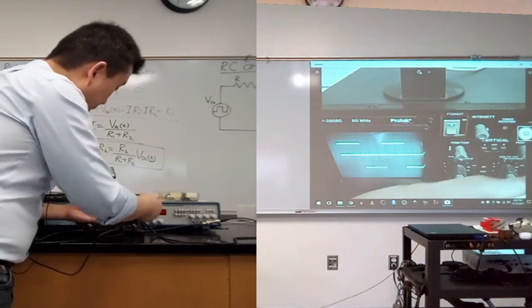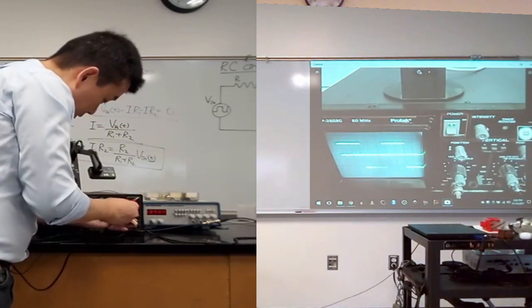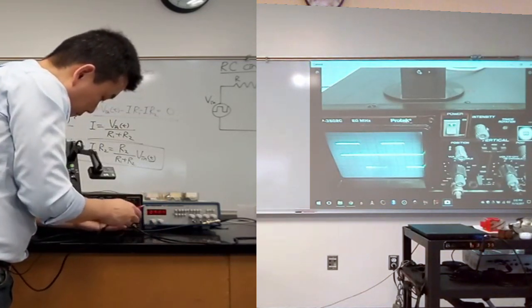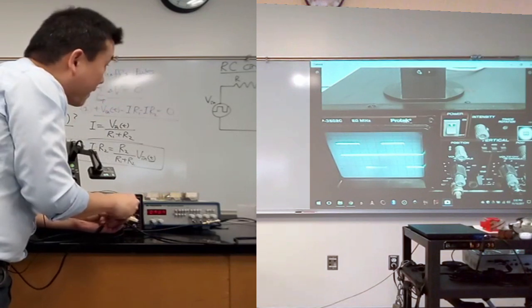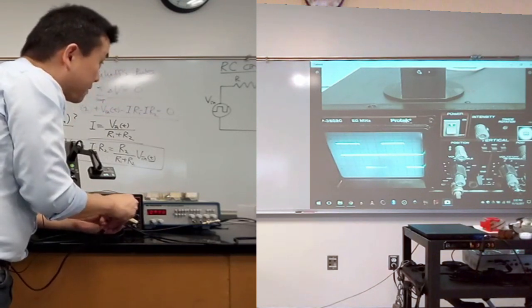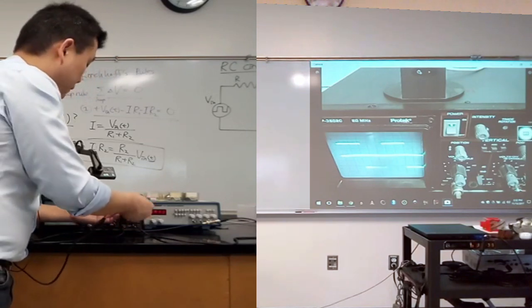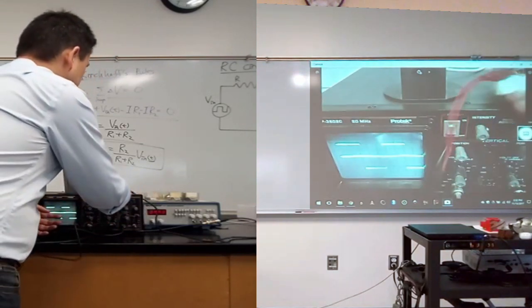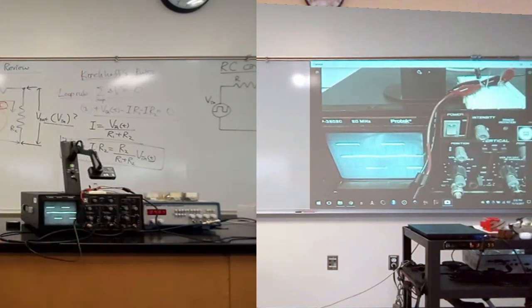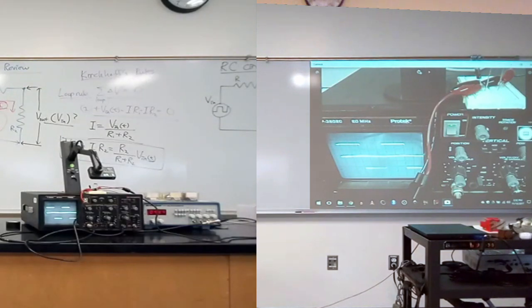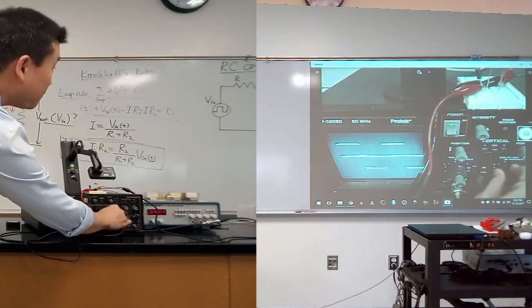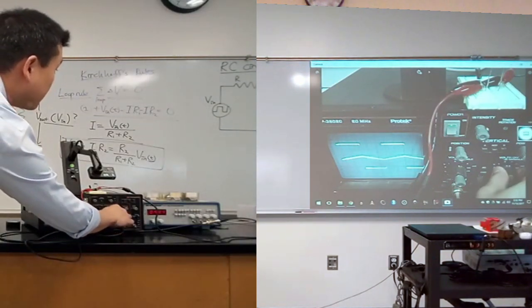So let's see, my power supply is connected. Let me just connect my voltage probe. So right now, channel B is flat because I haven't connected this. But when I connect it, hey, I get something that's not zero, but it's not nicely not zero. Let me expand the scale and see what it's supposed to be.